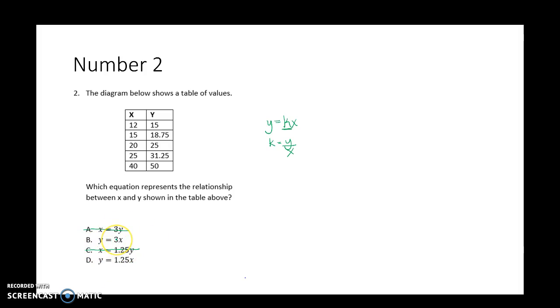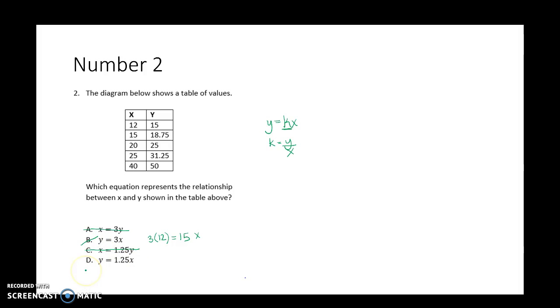So then one option would be to try to plug in x values. So it's saying 3 times x is going to give you y. So it's saying essentially 3 times, let's say, 12 equals 15. Well, is that true? No.